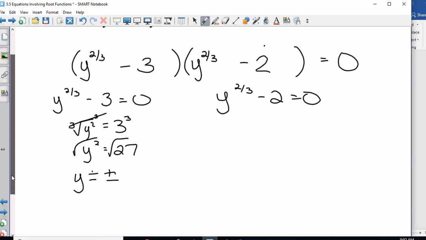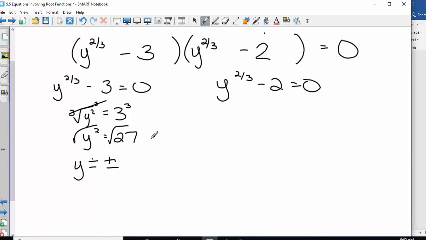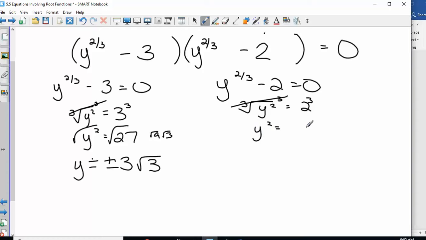Okay, how can I break up 27? So 3 radical 3. Okay, this one. Cube each side. So y squared equals 2 to the 3rd, 8.